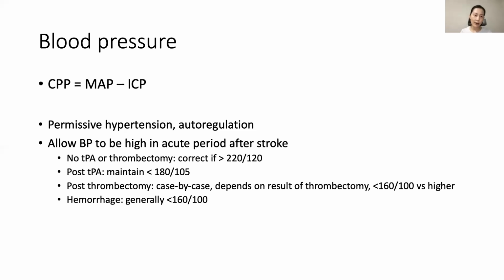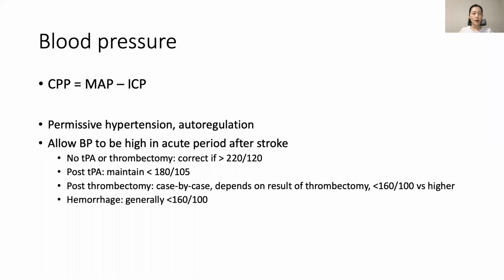And so if you have an elevated ICP, which you normally do with any large stroke or any hemorrhagic stroke, you want to be careful about the MAP. You definitely don't want to drop the MAP too much so that you compromise the cerebral perfusion pressure. And that's why we allow for permissive hypertension in the acute period. We allow the brain to auto-regulate before bringing it down with agents.